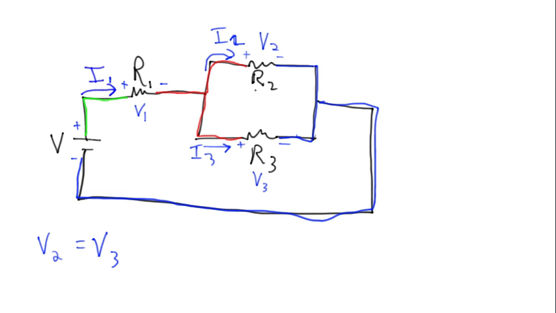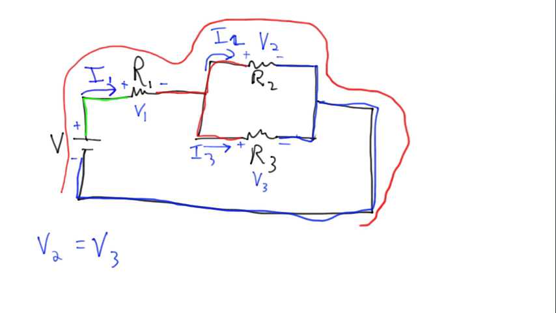Usually I do all the inside loops, but this time I prefer to go around the outside, because I'm solving for V2. I don't think it really makes much difference, but I feel like going around the outside this time. So this is my loop.